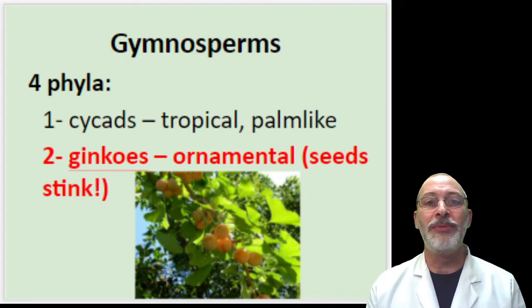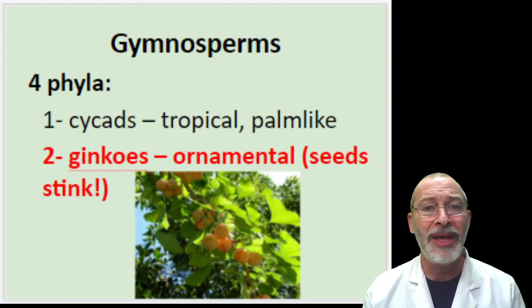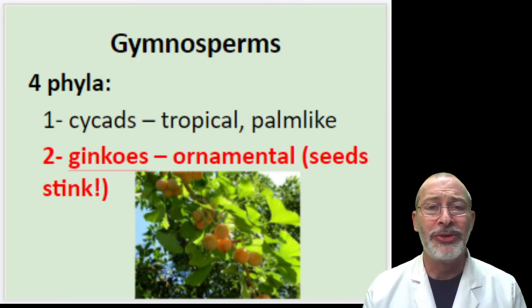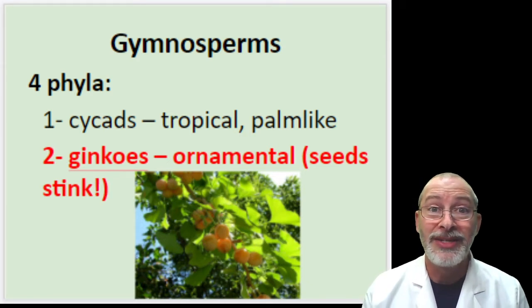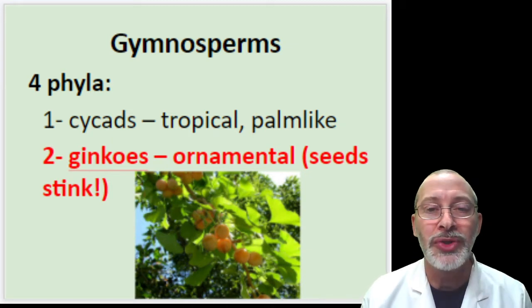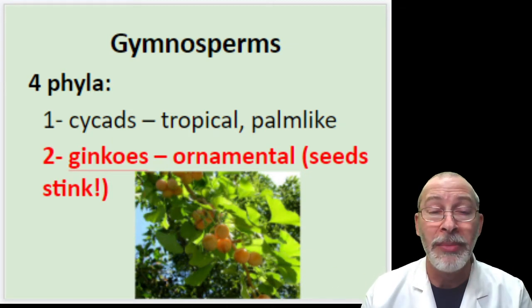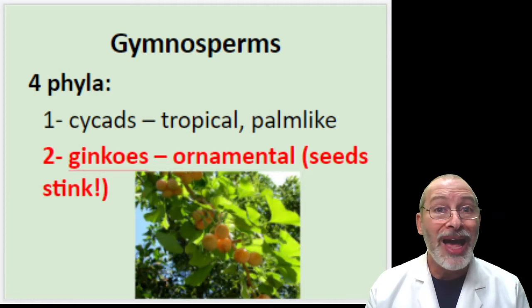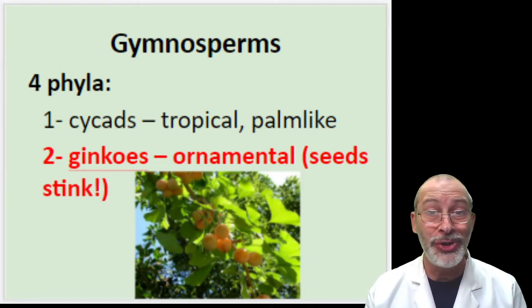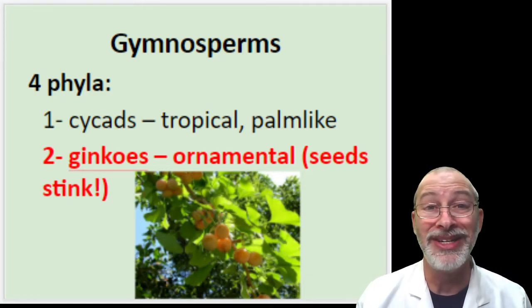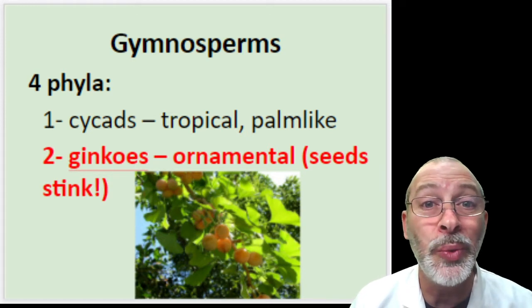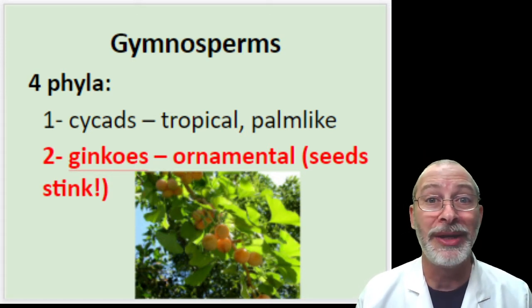Now, this may seem like an oxymoron. An ornamental is usually a plant or a tree that you grow somewhere near you so that you can enjoy its ornamental nature. So why would you plant something near you that potentially stinks? Well, you really wouldn't do that in your right mind.